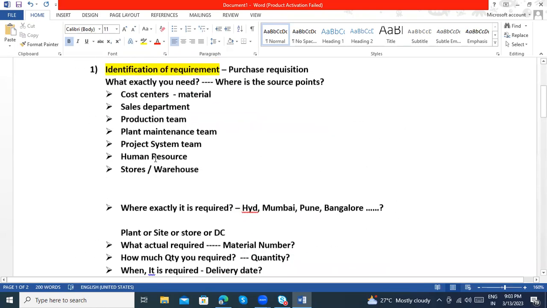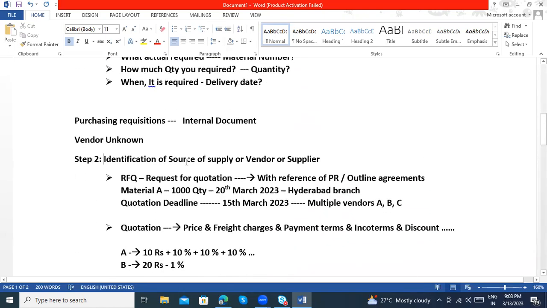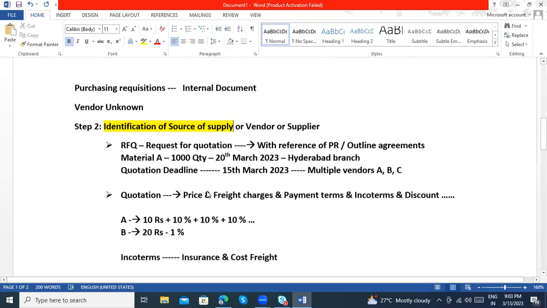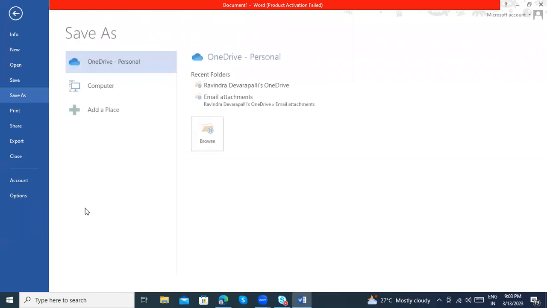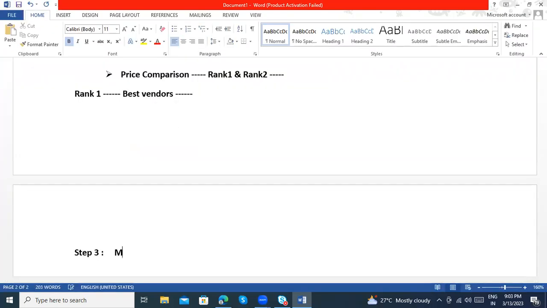So step 1 is identification of the requirement and step 2 is identification of the source of supply. So the next step is step 3. Generally, if you want to raise an order to the vendor, what information is required? You need the material number, how much quantity is required, when it is required, where it is required, and who will be sending these goods, that means the supplier.